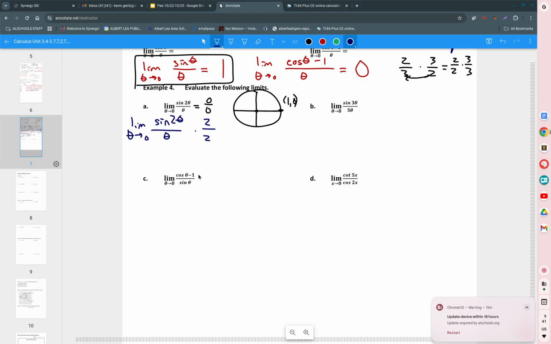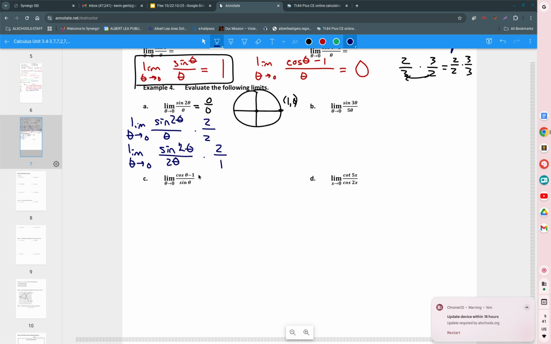And now that I do that, I get the limit as theta goes to 0 of sine of 2 theta over, I'm going to put the 2 with the theta, times 2 over, if I move the 2 over by the theta, what do I have right here then?